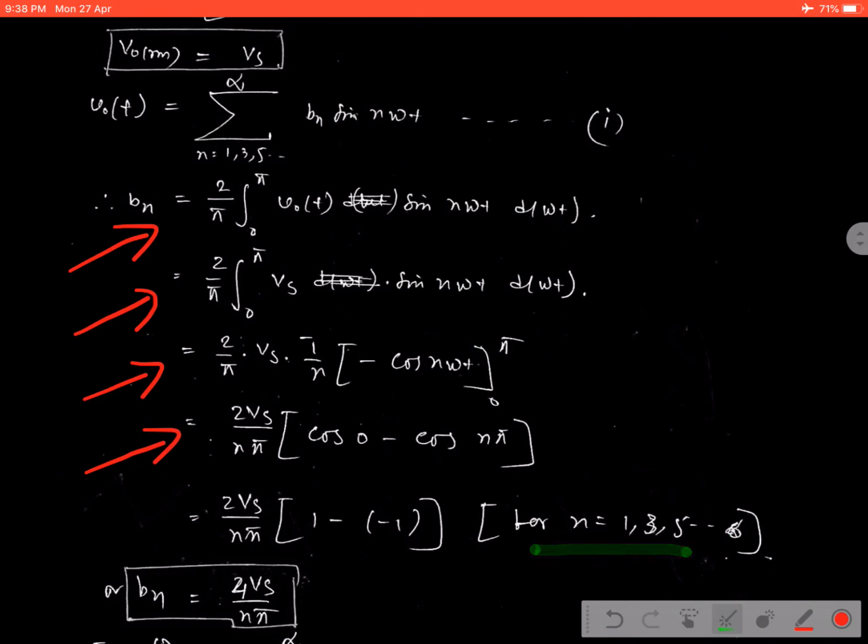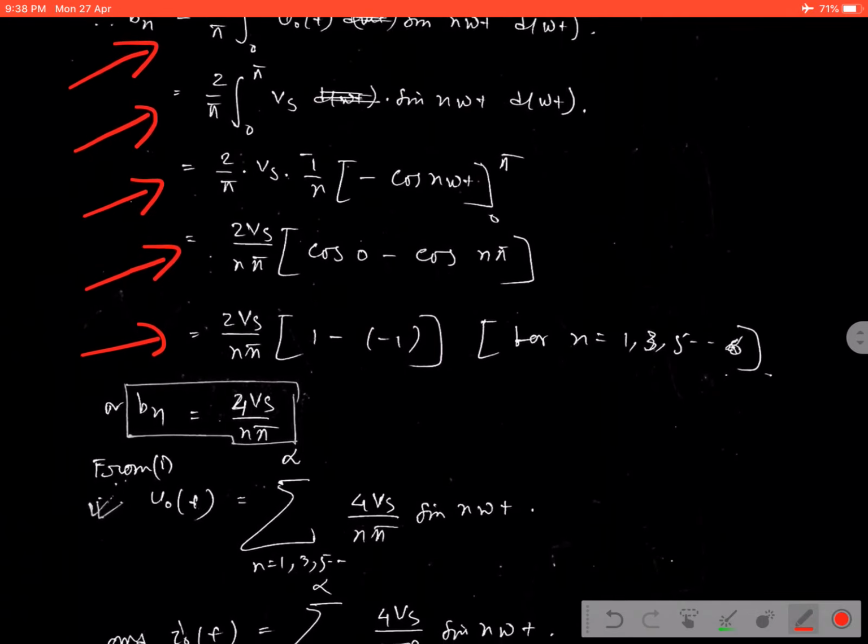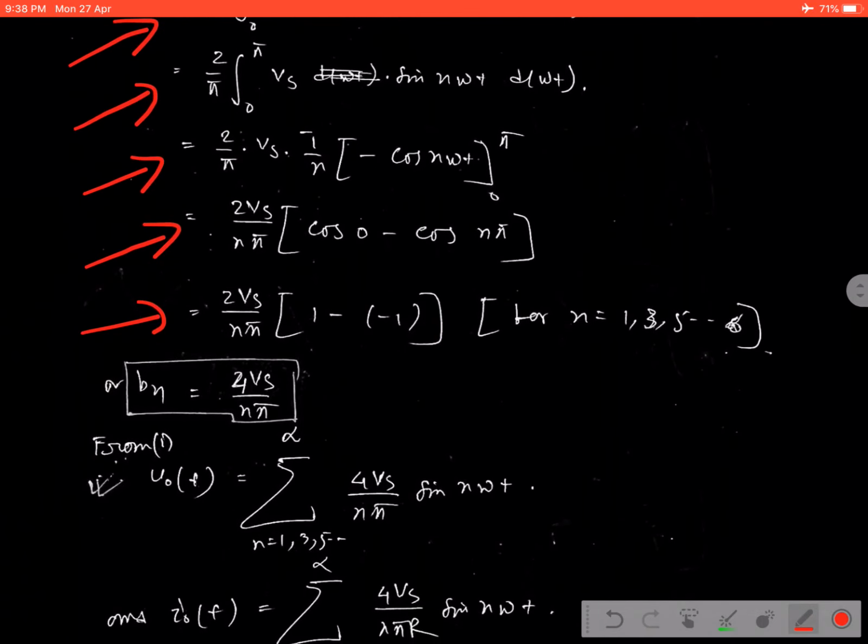That is why in all the cases cos pi, cos 3 pi, cos 5 pi will give you minus 1. So we will get 2 Vs times 1 minus minus 1. That is why we will get the coefficient Bn, that is 4 Vs by n pi.